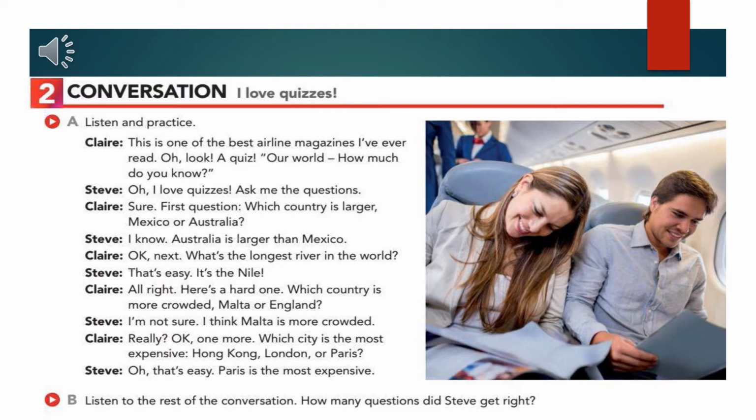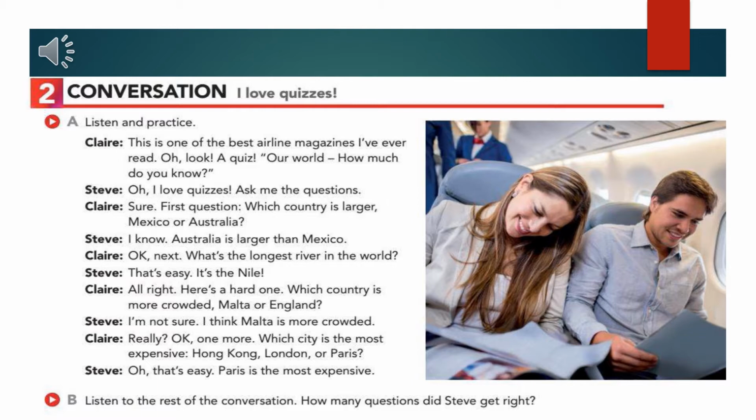This is one of the best airline magazines I've ever read. Oh, look, a quiz. Our world. How much do you know? Oh, I love quizzes. Ask me the questions. Sure. First question. Which country is larger, Mexico or Australia? I know. Australia is larger than Mexico. Okay, next. What's the longest river in the world?